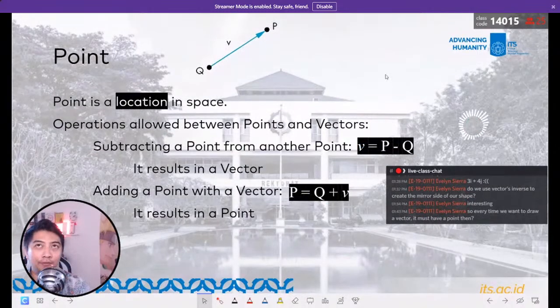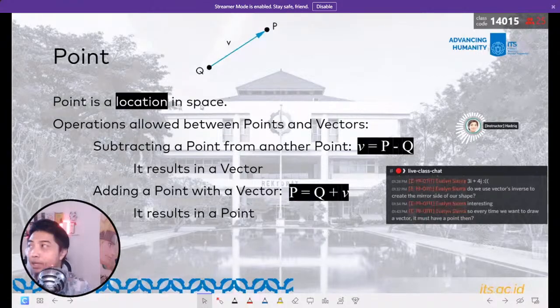So, after we learn about the scalar, about the vector space, now we need to learn about the points. Point is a location in space. In computer graphics, everything that is represented by some vector, if we talk about some vector, it has some tail and tip, right? Head and tail.